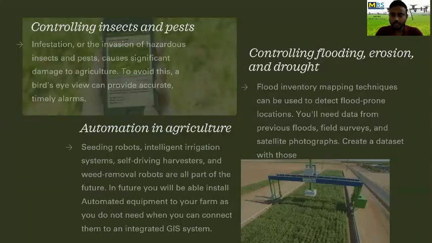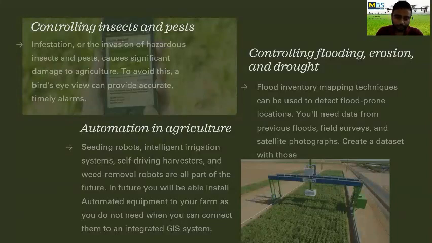Another very important opportunity is automation in agriculture. In future, you will be able to see robots, intelligent irrigation systems, self-driving harvesters, and weed removal robots in paddy fields.